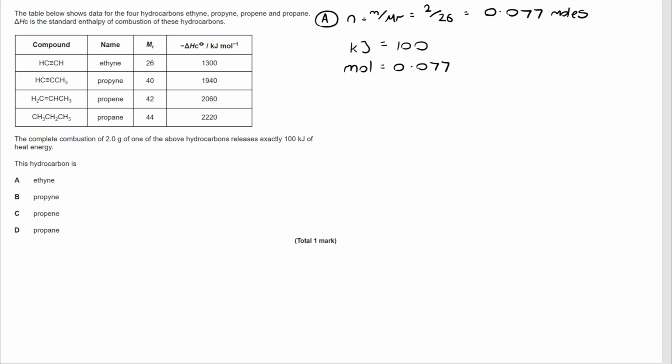Now from there, I know that 2 grams will release exactly 100 kilojoules of heat energy. So if I do kilojoules is 100, moles is 0.077, rearrange that into kilojoules per mole, you can see that it comes to 1300. And that's precisely the value that we have in the table.